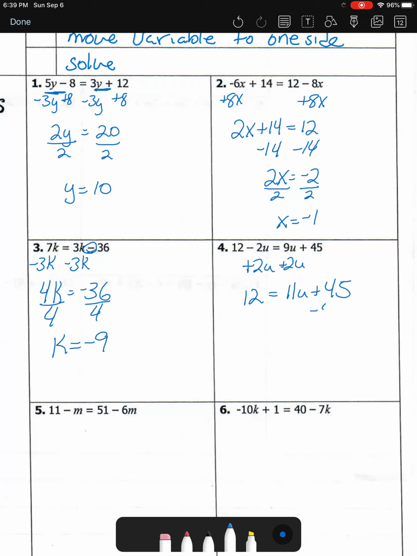And we're ready to subtract the 45 over. So we're going to have 11u, and we have a negative 45 and a positive 12, so we really end up subtracting those. So we're going to end up with a negative 33 there in the end. We're going to divide out the 11. So negative 3 is going to equal u.